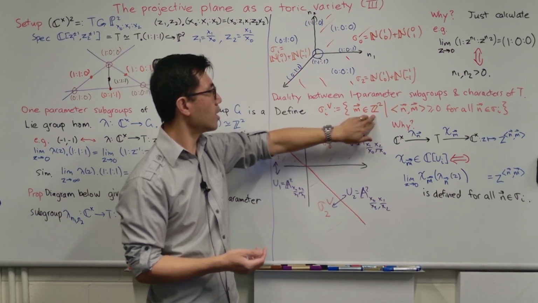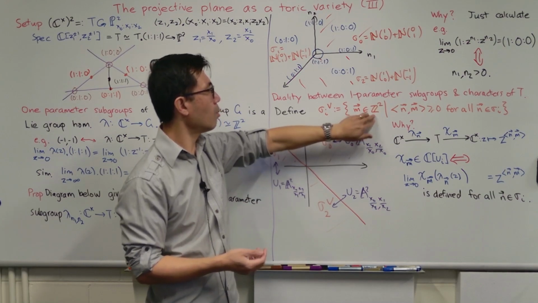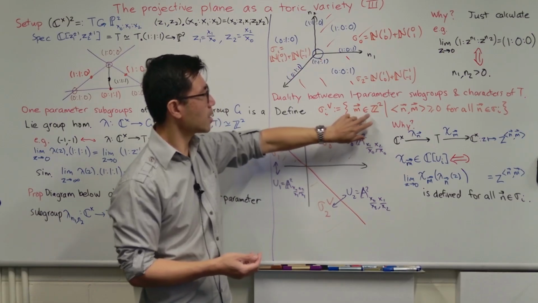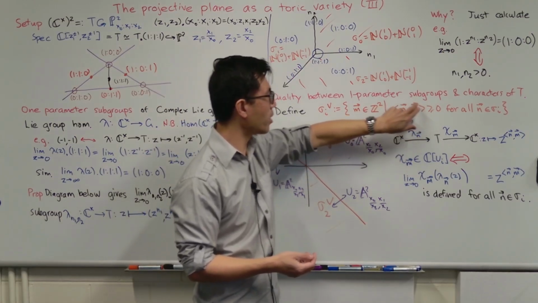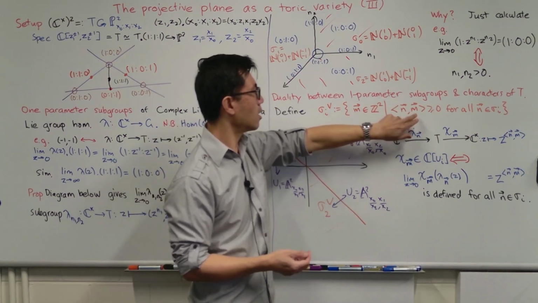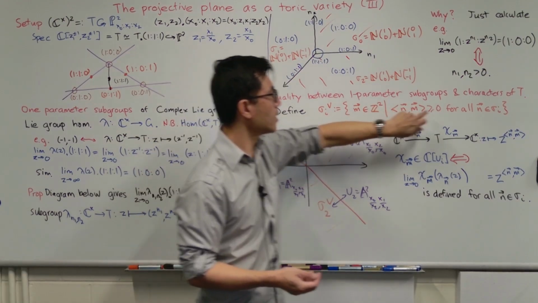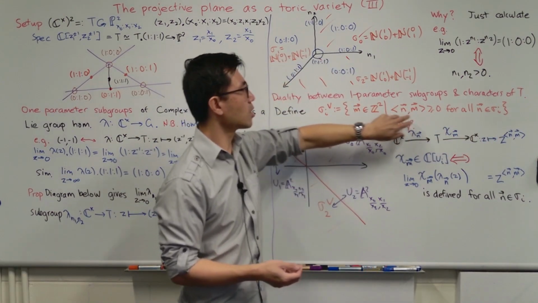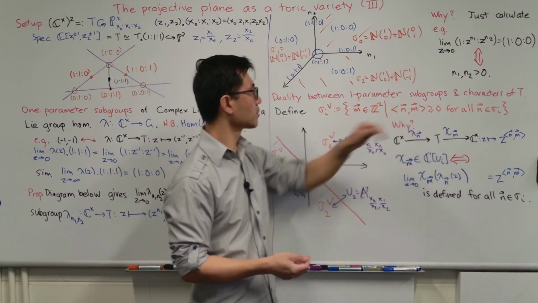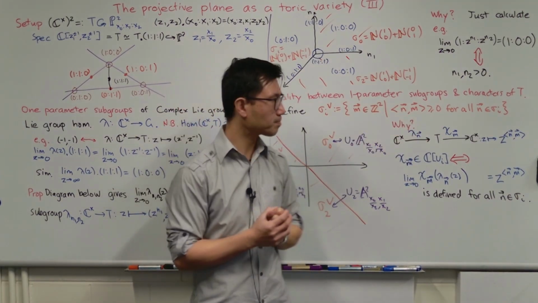What we're going to do is look at all those vectors m in Z^2 such that, and this is my notation for the dot product, the dot product of this m with anything n inside sigma i is non-negative. That's going to be the dual cone.